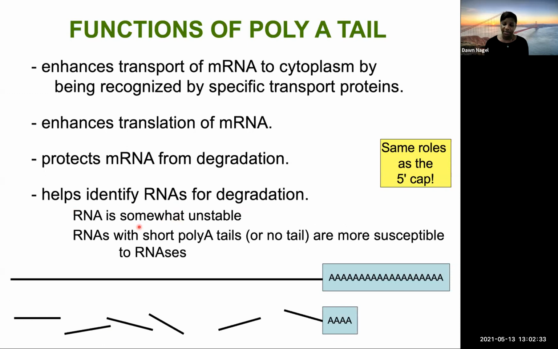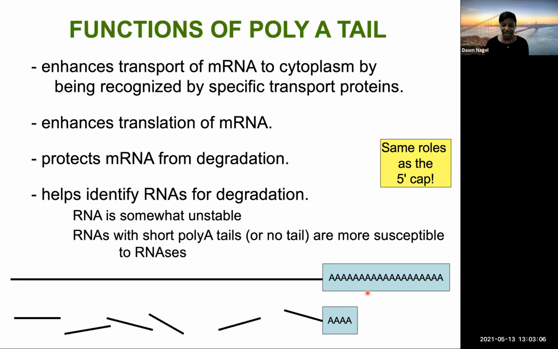What that means is that some RNAs have different lengths of A's added, right? So you might have a short or a long poly A tail. The shorter the poly A tail you have, the more susceptible you are to RNases, right? So you can easily be digested. So the length of the poly A is also very important in this protection from being degraded.